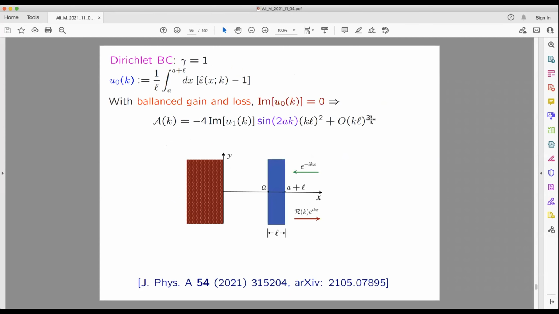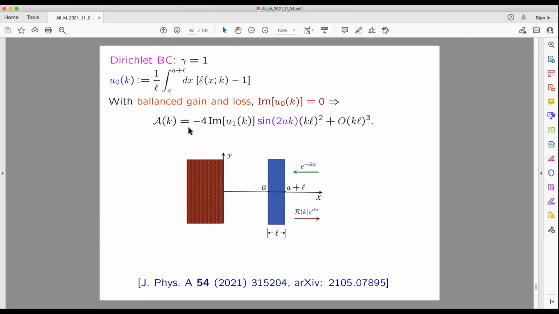And if you have balanced gain and loss, then U0 has imaginary part 0. So this is the U0. The imaginary part will come from epsilon because 1 is real. So that essentially says the integral of the imaginary part of epsilon is equal to 0, which means balanced gain and loss. The formula for the absorption coefficient simplifies a lot.